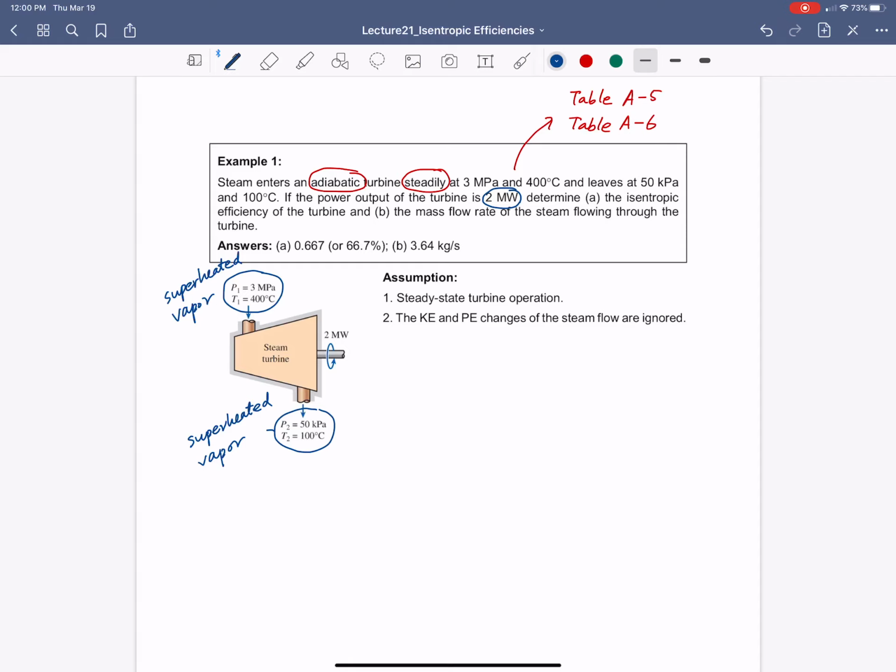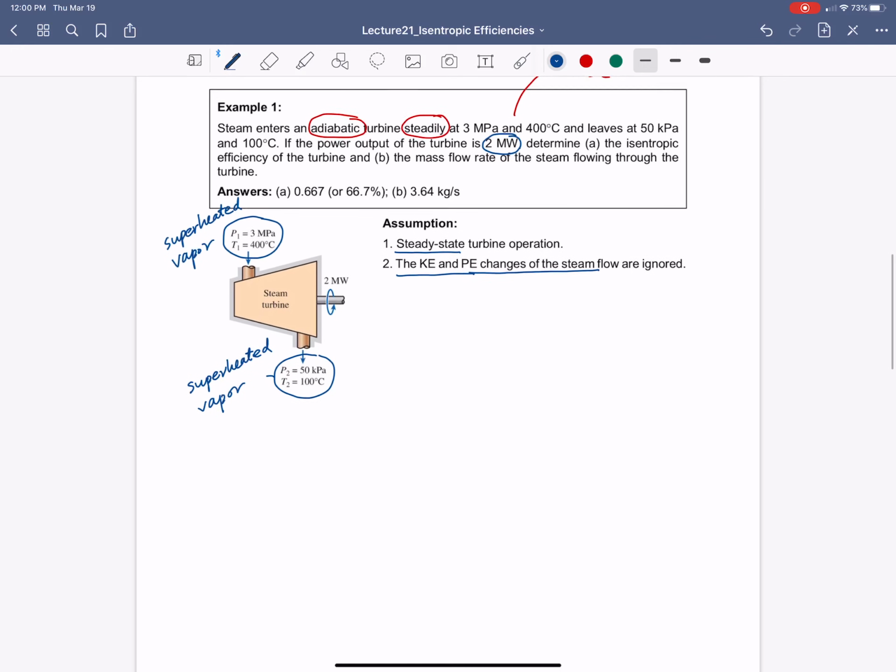In order to solve this problem, let's assume the turbine is in steady state condition, and that the kinetic energy and potential energy change of the steam is ignored.